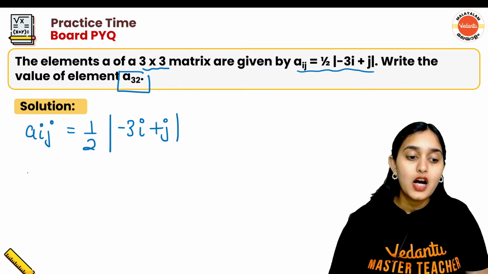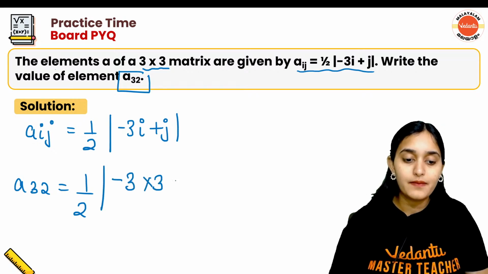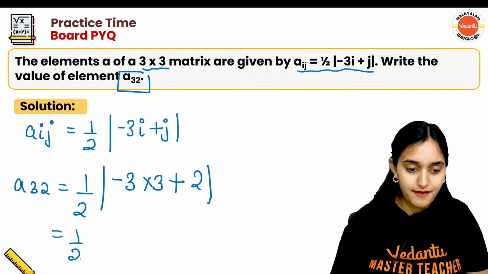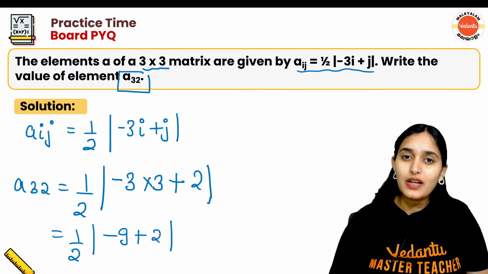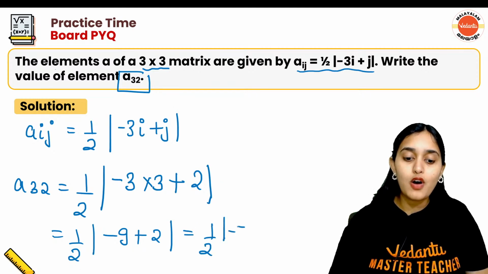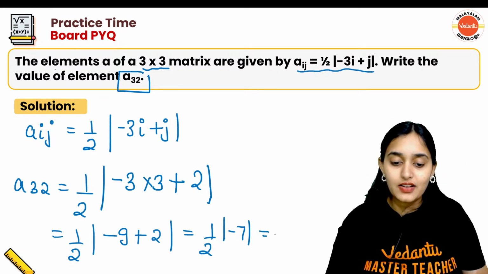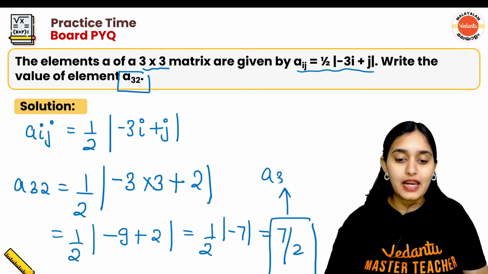So A32 will be half of the mod value of -3 into 3 plus 2. So this is half of mod of -9 plus 2, which is -7. So this is half of the mod value of -7. Mod value of -7 is +7. So this is 7 by 2. This is your answer A32.